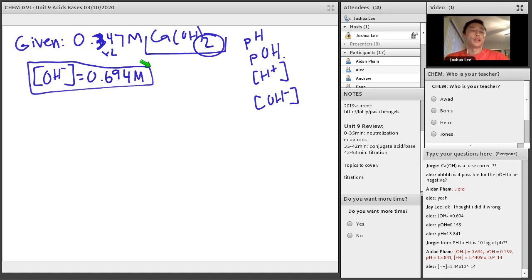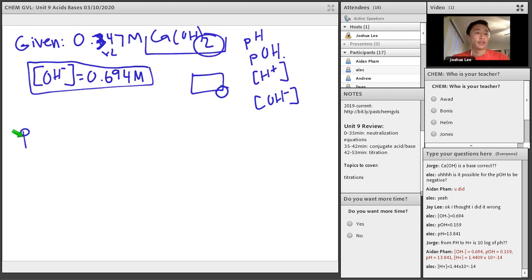Now if you think about our pH box, we have our bottom right corner, which is OH minus. Depending on which way you want to go, you have multiple options, but it seems like the majority of you went the OH to the pOH to pH to H plus route, so we'll do that route.